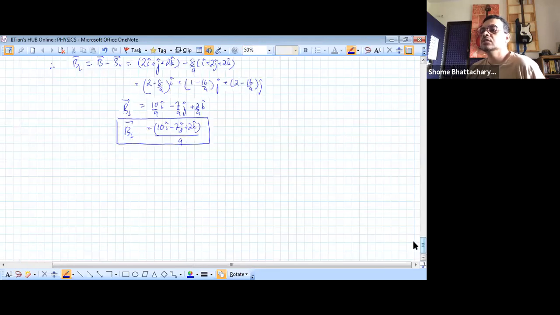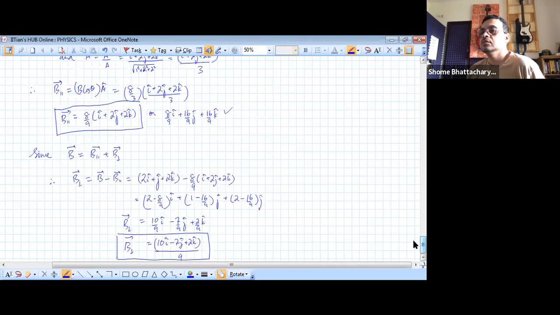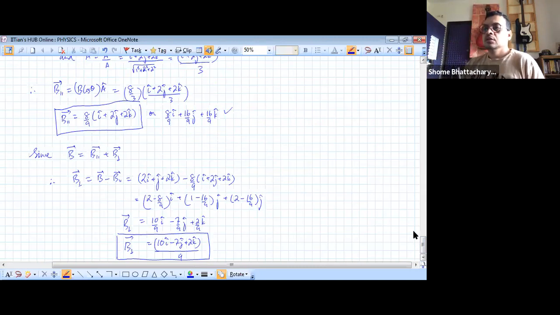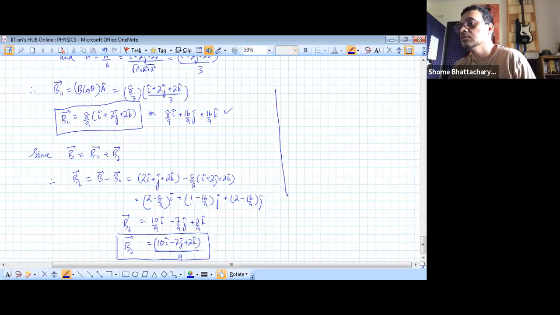Okay. So this is a very important concept. The projection of a vector parallel to another vector, or the projection of one vector perpendicular to another vector. How we calculate these? Okay. So just make a note of this and try out one more question. My next example.